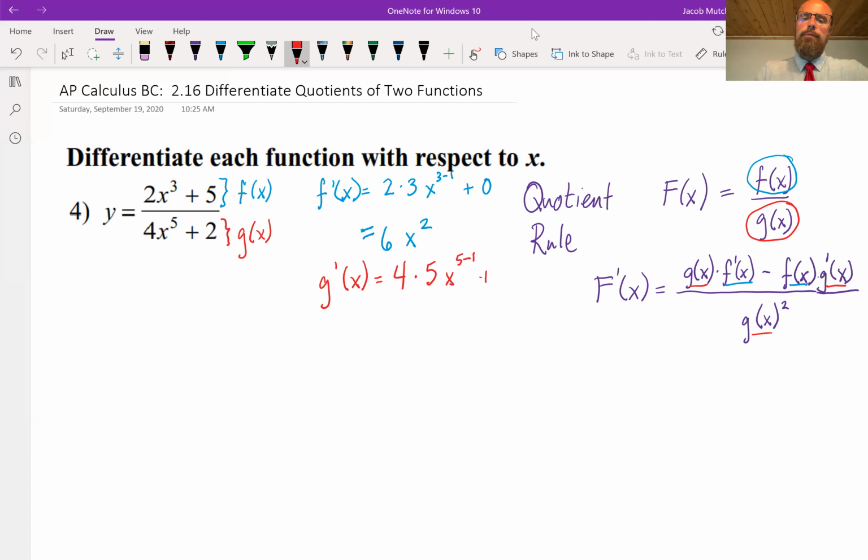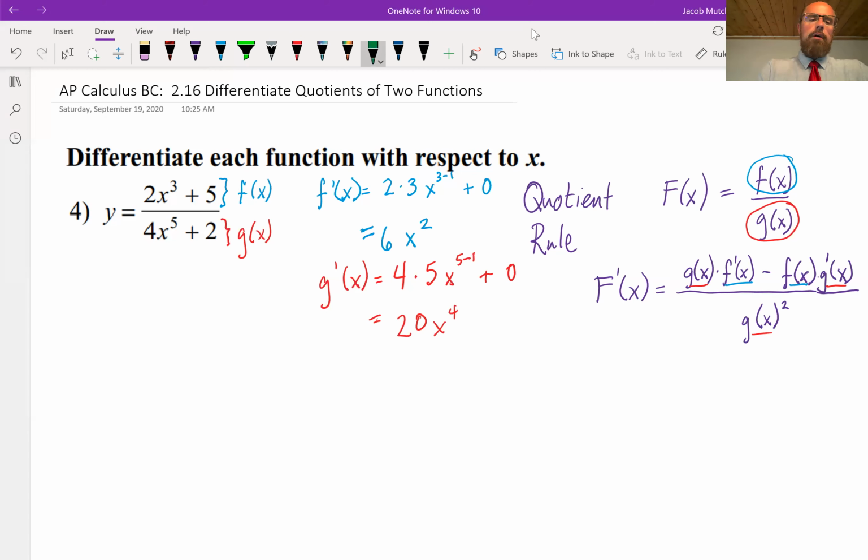And the derivative of 2, a constant, is 0. So the derivative of g of x simplifies to 20x to the power of 4. So then I've got my four parts, and at this point I'm ready to substitute them into the quotient rule.